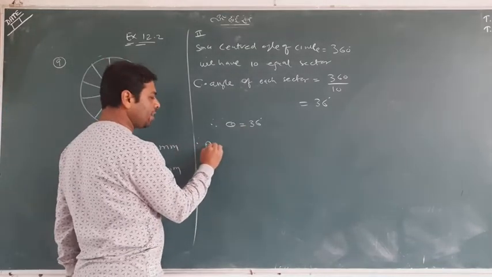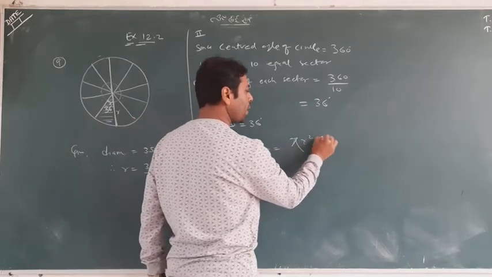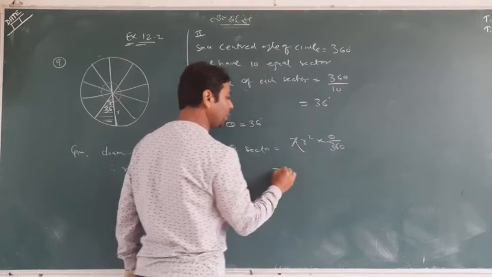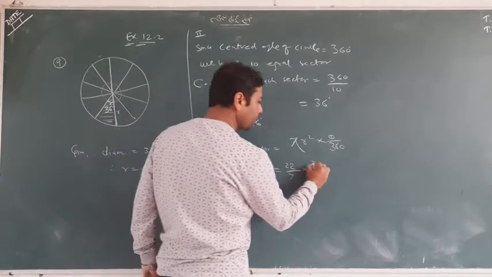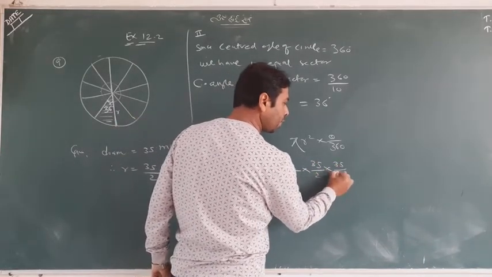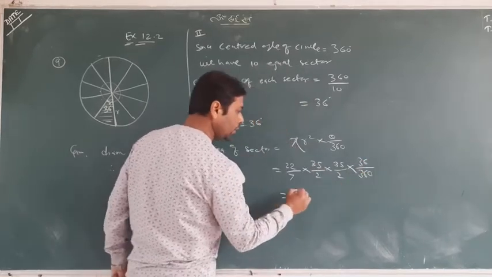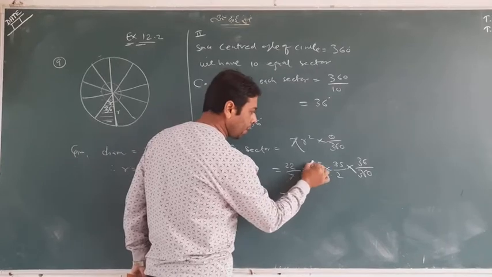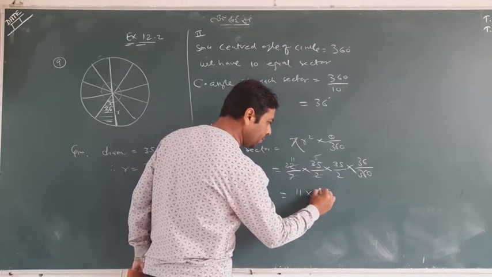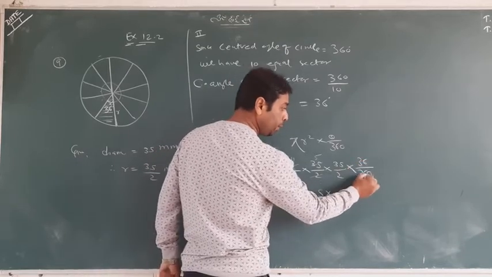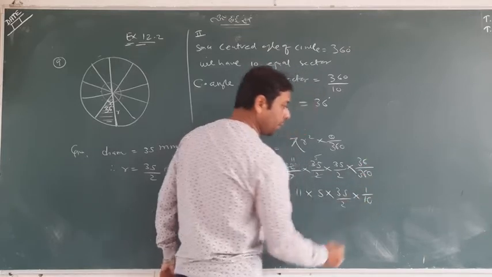Now, what is the area of the sector we want to find? You know the formula: pi r square theta upon 360. It's a very simple formula. 22 by 7, radius is 35 by 2 squared, meaning 35 by 2 into 35 by 2, times theta, meaning 36 upon 360. You can go on: 7 fives and 2 elevens. So 11 fives, these two will be 35 upon 2, and these two cancel, giving 1 upon 10.